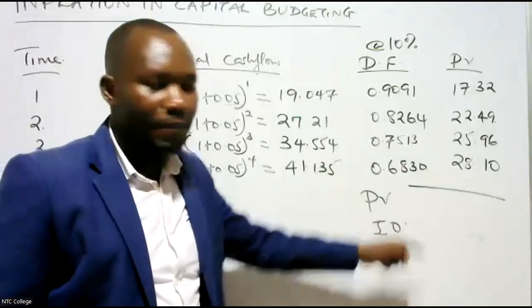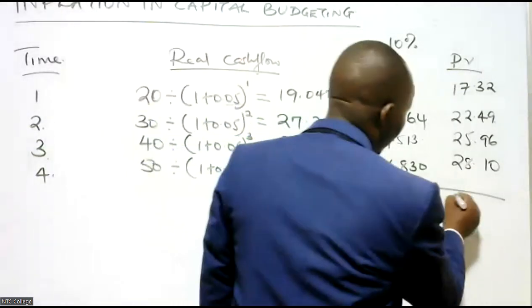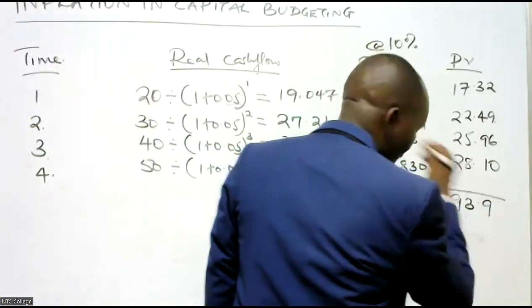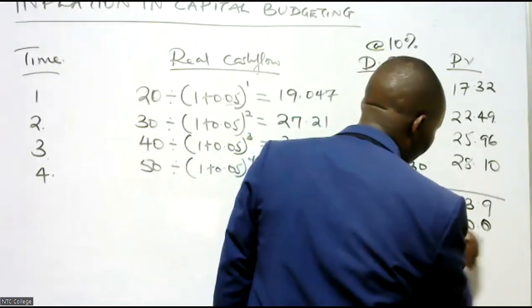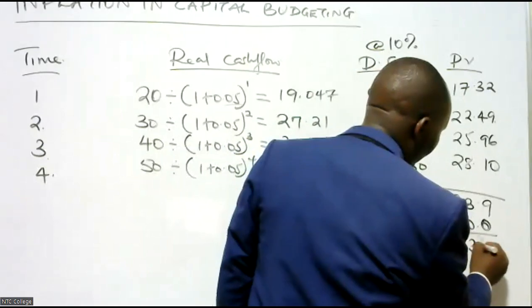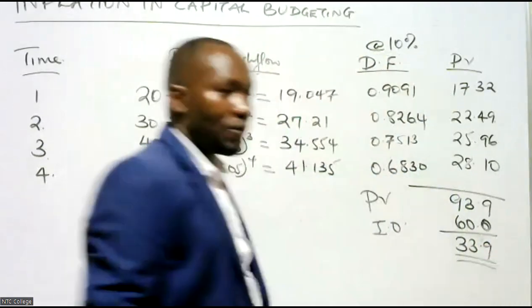Yeah, it is 90.3.9 minus 60. So you're having 33.9. The first one is also like that.